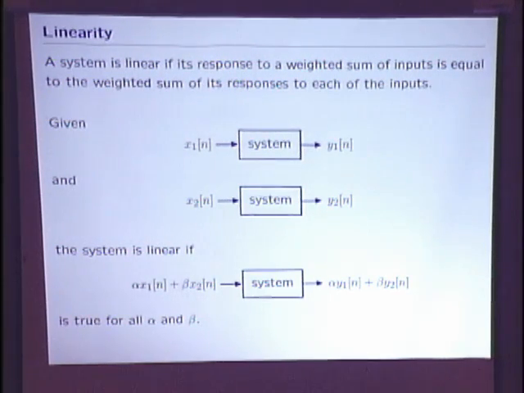We'll say the system is linear if and only if the weighted sum of inputs alpha x1 plus beta x2 gives the same weightings alpha y1 plus beta y2 for all possible values of alpha and beta. If that's true, then we'll say the system is linear. Okay?